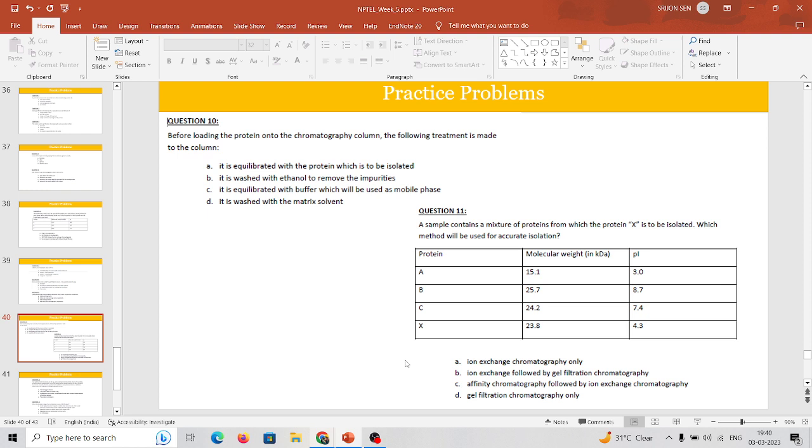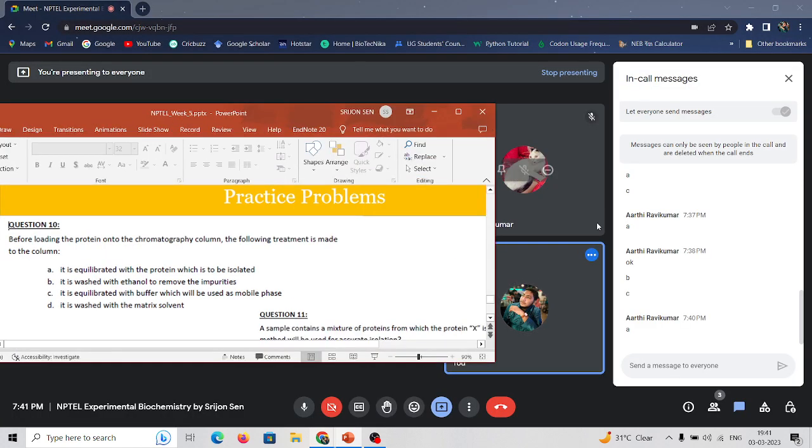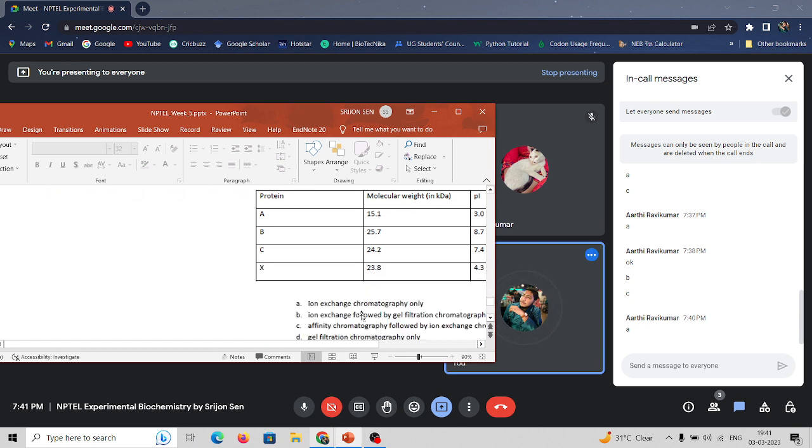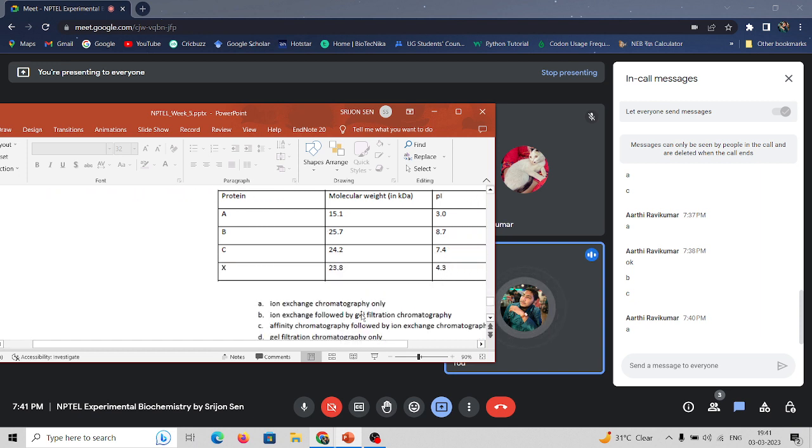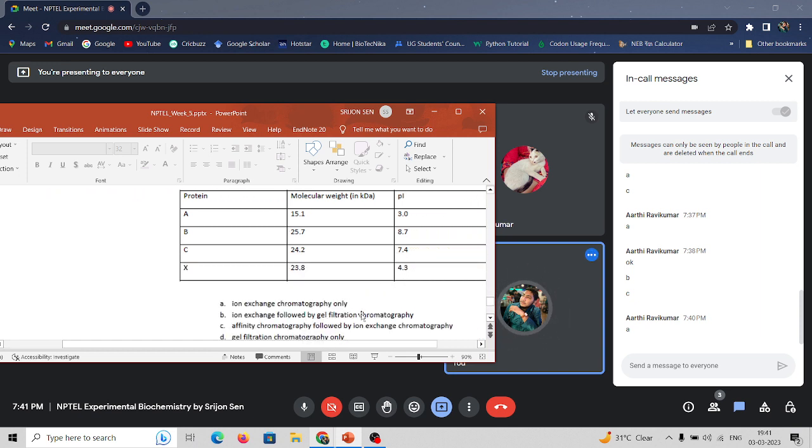Hence the question says X has to be isolated. How would we be isolating X? You say A, only ion exchange chromatography would be sufficient to isolate X. Okay, I understand your logic, because the PIs are not very close to each other.